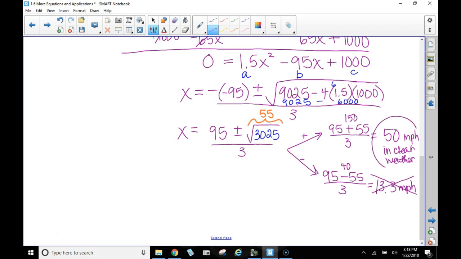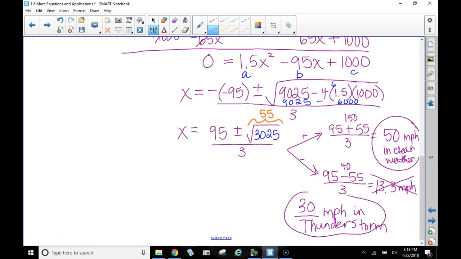We're going to use the 50 miles per hour in clear weather. That means how fast is she going in the thunderstorm? Well, remember, she slowed down 20 miles per hour when the thunderstorm hit, so 30 miles per hour in the thunderstorm. That's her average rates in each of those scenarios.